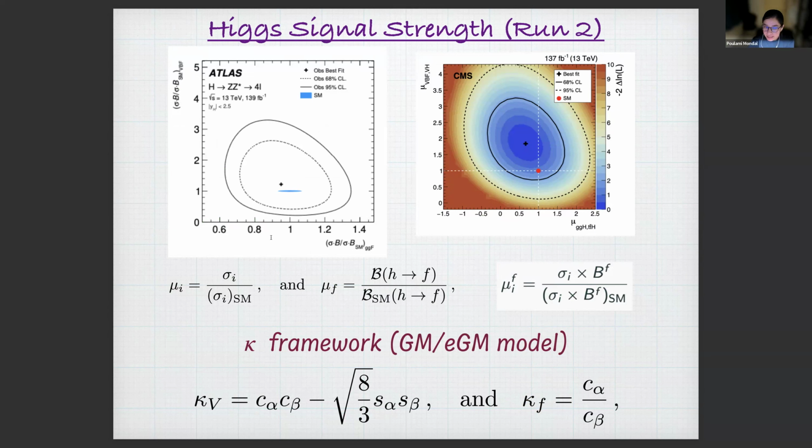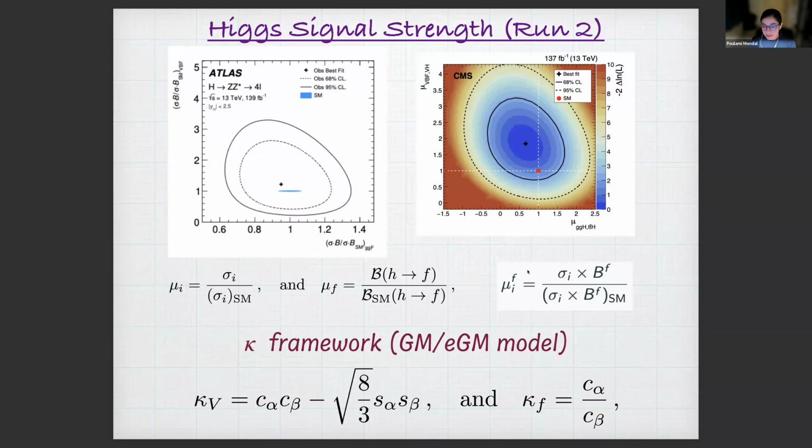What we fit in our analysis is the signal strength, which is basically the ratio of the production times branching ratio with the standard model prediction. It comes out to be an expression in terms of the kappa parameters, which is basically the ratio of your Higgs couplings to standard model particles with respect to the standard model prediction.